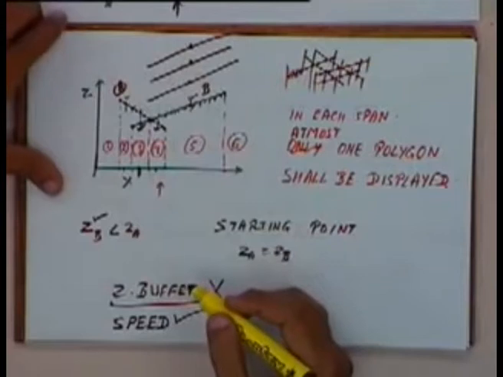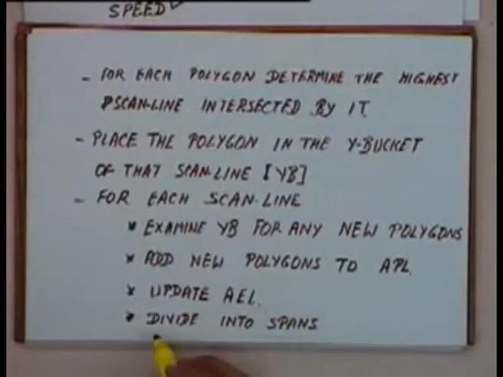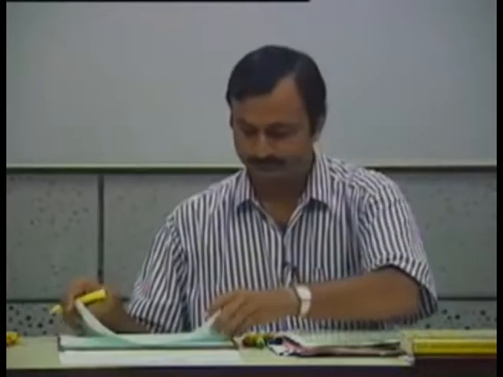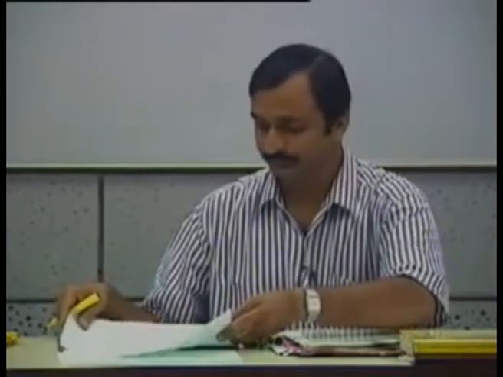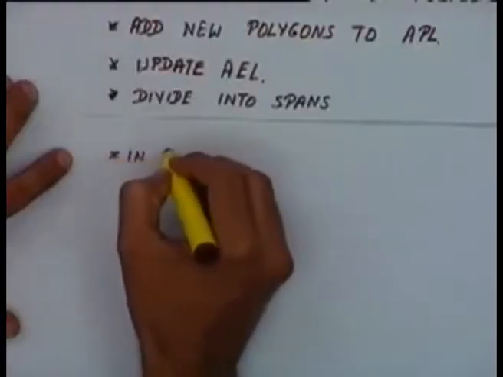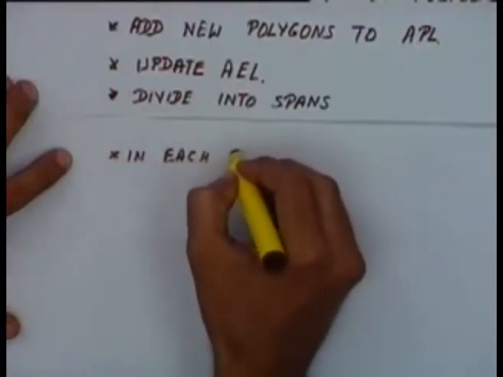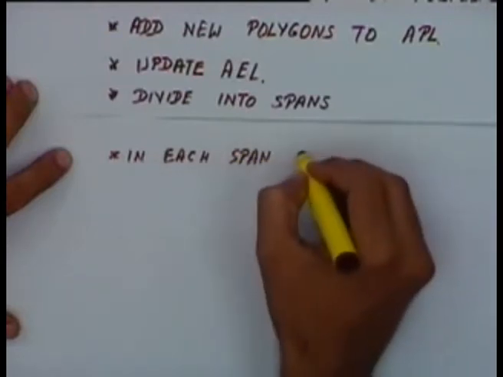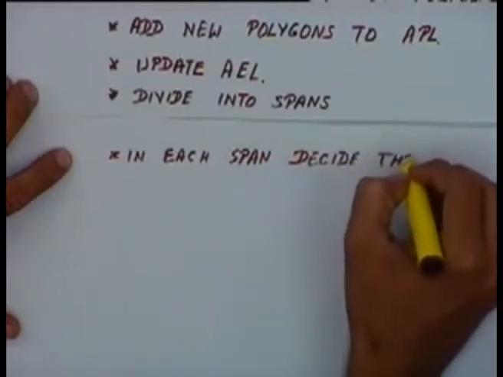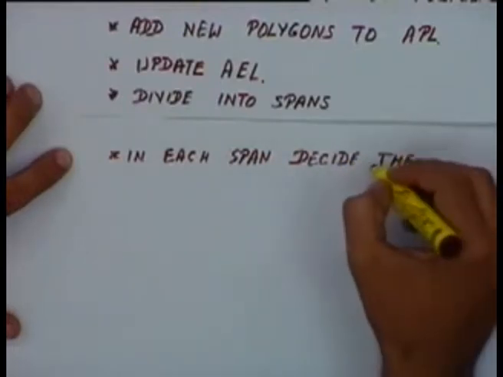So from the active edge list, I can divide my region into spans, and once I have divided the region into spans, then in each span, decide which is the closest polygon.